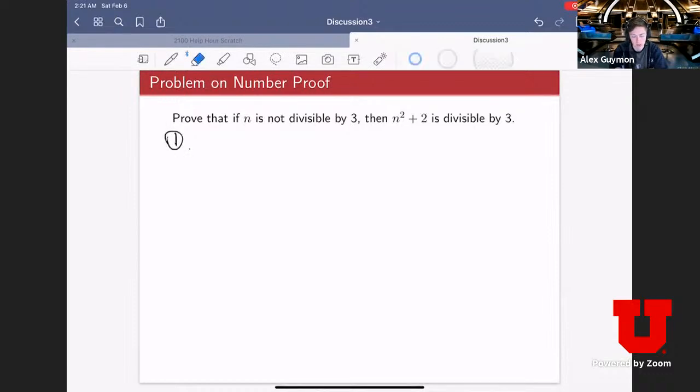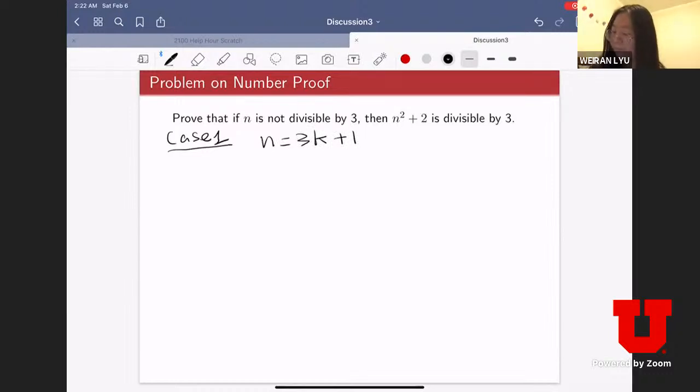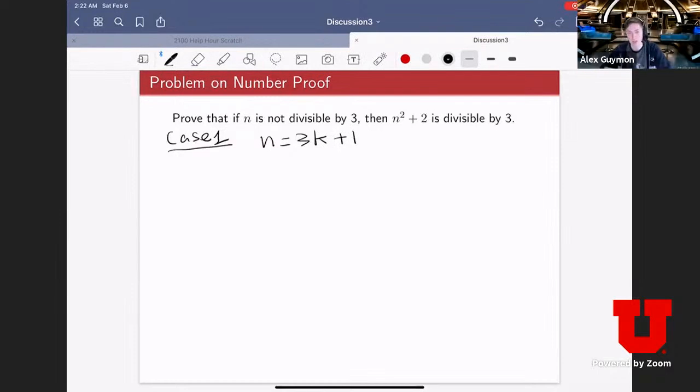Then I substituted it into n squared plus 2, expanded it, and used closure properties to prove that n squared plus 2 is in fact divisible by 3. And then I did the same with n equals 3k plus 2.